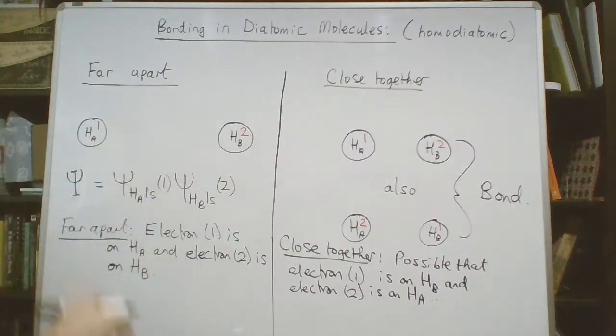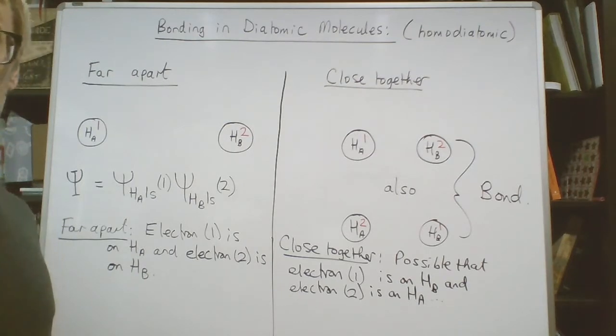The lack of possibility when two things are far away in space is what makes it implausible that there's a bond.